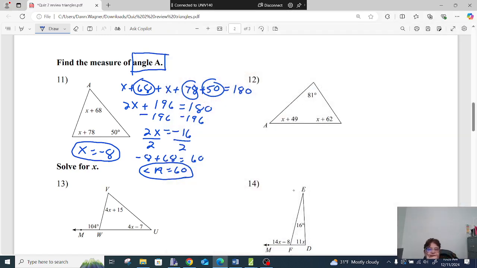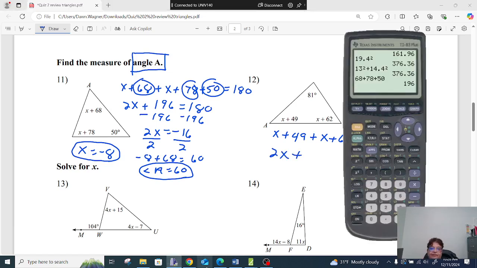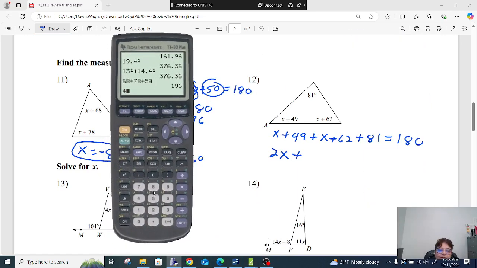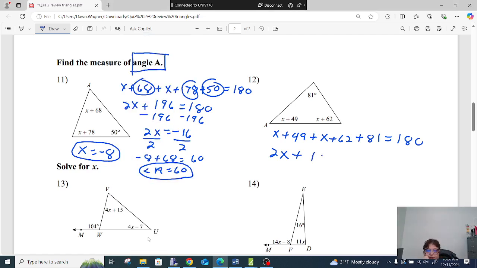Okay, so this one we just do the same way, right? X plus 49 plus x plus 62 plus 81 has to equal 180. I combine my like terms, 2x plus 49 plus 62 plus 81 is equal to 192.